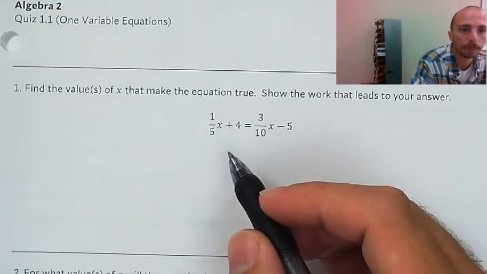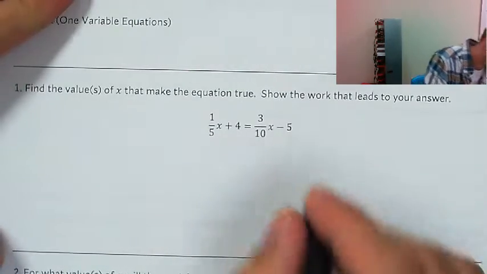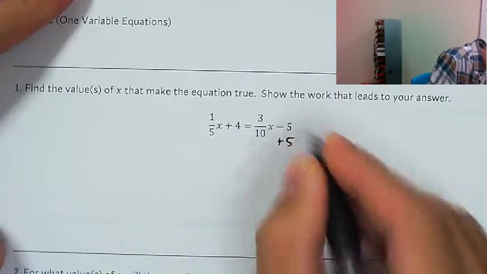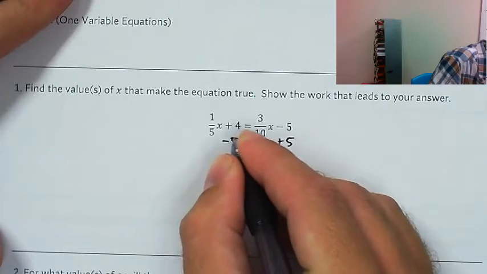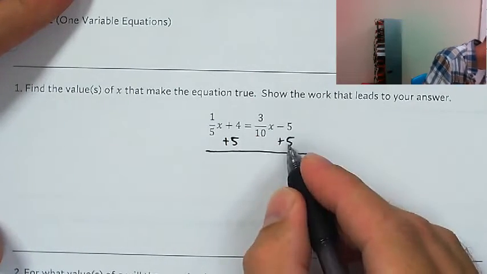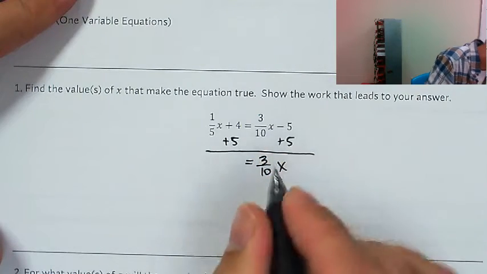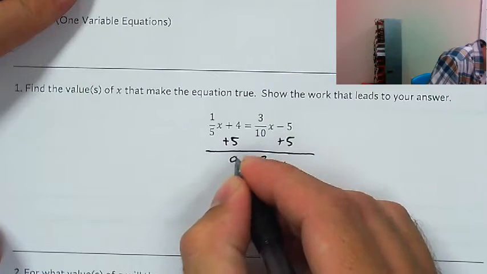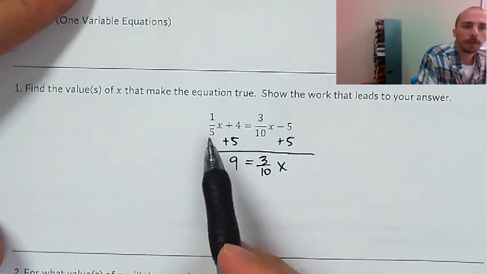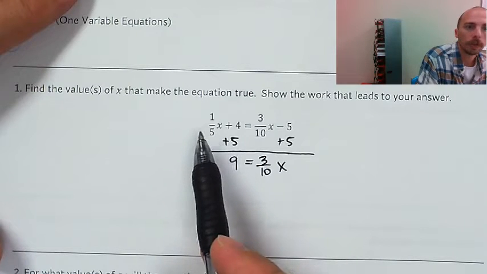Maybe I'll start with the numbers. I'm going to add 5 to both sides to clear out that minus 5. So I'm going to have negative 5 plus 5, that's 0. So we'll just have 3/10 x. 4 plus 5 is 9, and because I know I'm going to eventually have to do some subtraction, I need to get into the tenths world.